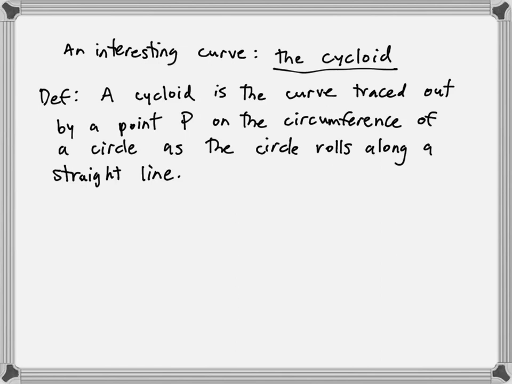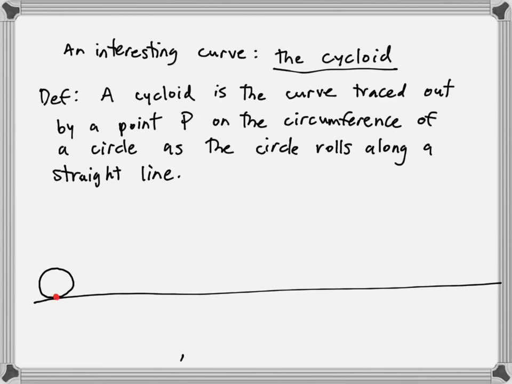Okay, so let me give you an idea of this. Imagine if you had a floor, and imagine if you took, or even better, let's suppose you just thought of something against a wall, and you took a circle, let's say a quarter or something like that, and you have the quarter here, and you color in a dot.